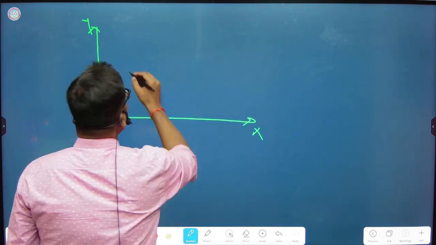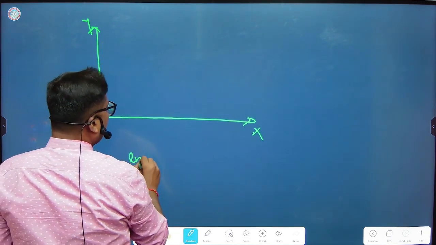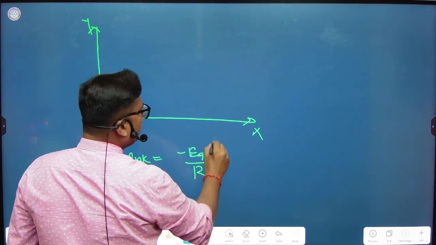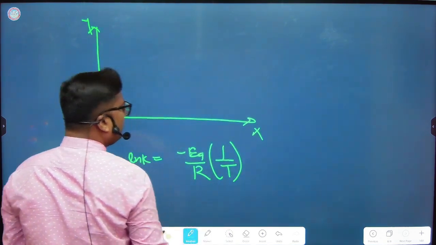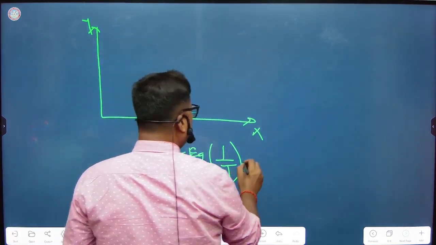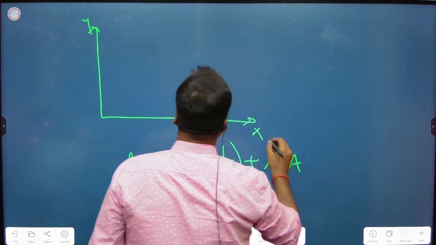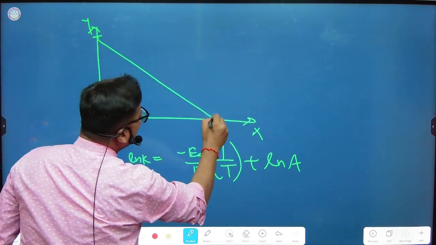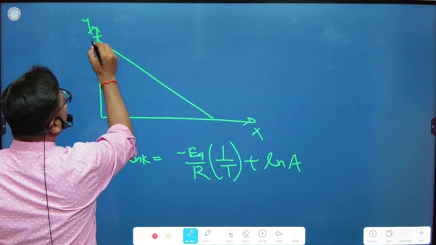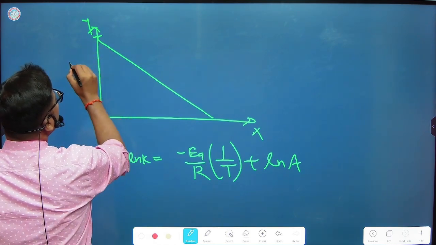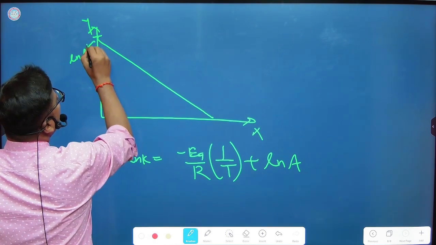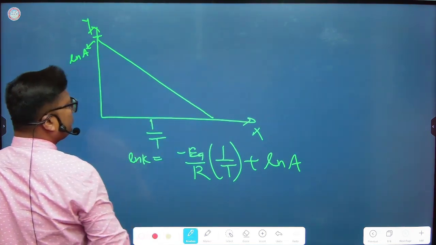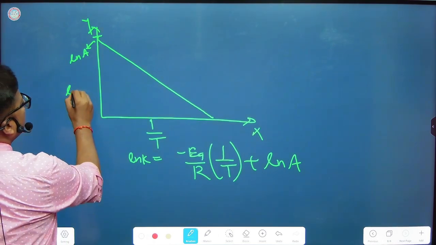So ln K is on the y-axis, the slope is minus EA upon R, the variable is 1 by T, and the intercept is plus ln A. This point is called ln A, right? Now this is your 1 by T and this is your ln K.